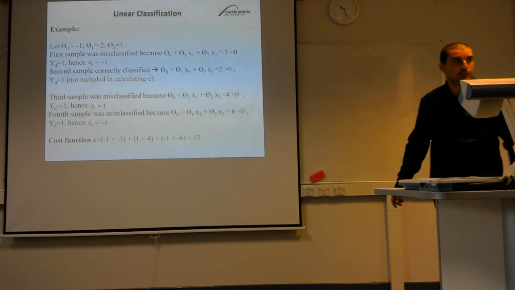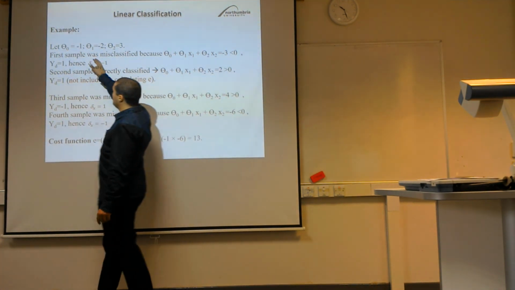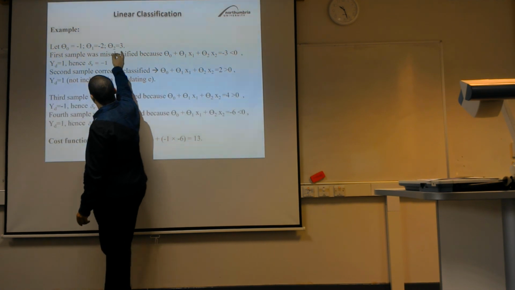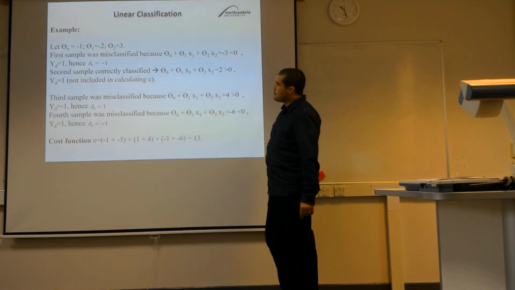So this is an example. Say we have initial parameters theta 0 equal to -1, theta 1 equal to -2, and theta 2 equal to 3.